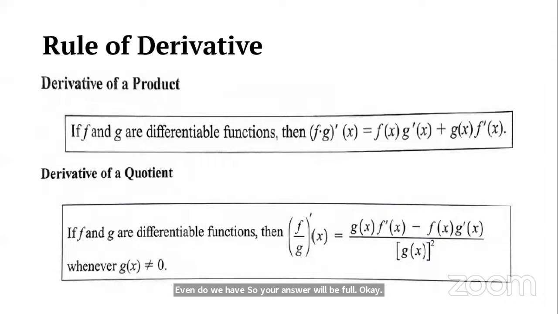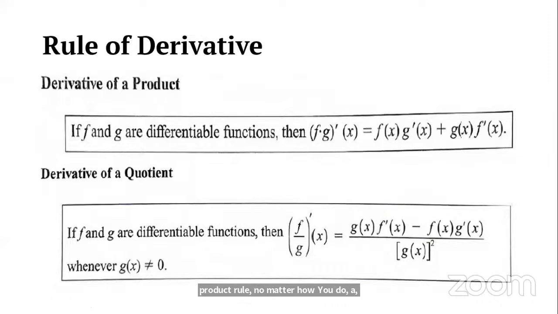Now let's move to another form of derivative, which is the product derivative and the quotient one. This is where a lot of people get it wrong. For the product rule, no matter which function you bring first, it will still give you the final answer.